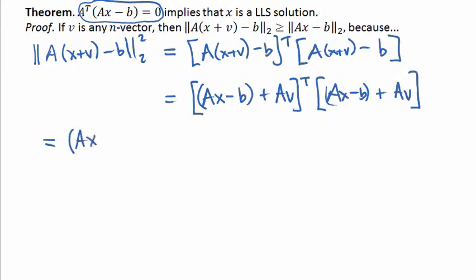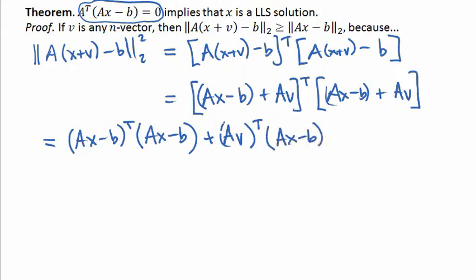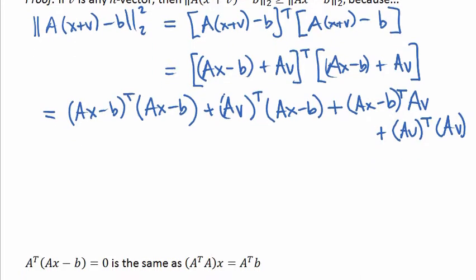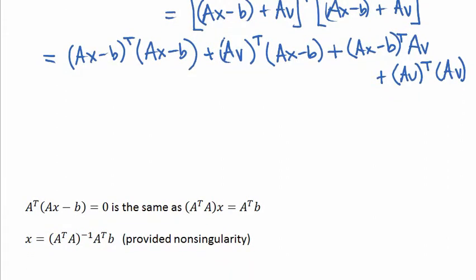So I have (Ax minus b) transpose times (Ax minus b), plus I have (Av) all transposed times (Ax minus b), plus I have (Ax minus b) transpose times Av, and then the last term is the (Av) transpose times Av. Okay, so let's focus for a minute on the 2 middle terms.